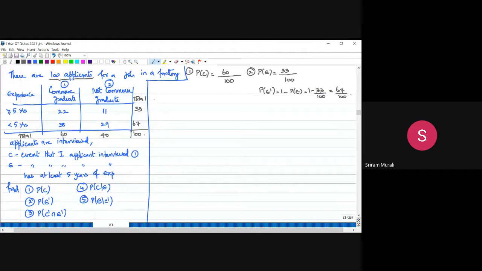And then subdivision 3. You have to find the probability of C bar intersection E bar.